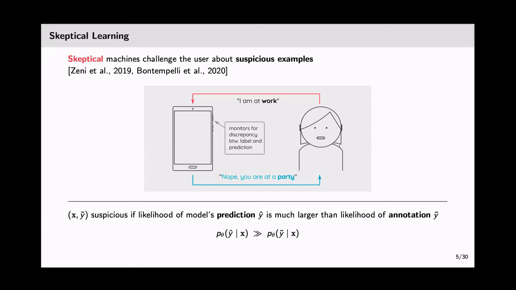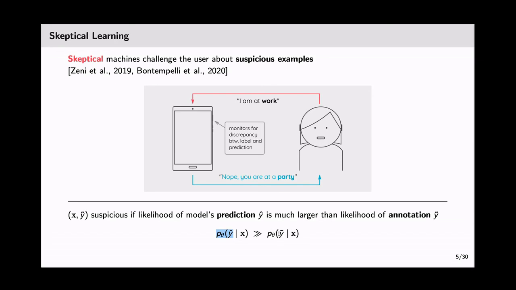If there is a big difference, so the likelihood, as you can see here, so basically, if the probability of the predicted label is very high with respect to the label provided by the user, the machine is skeptical about the label provided by the user.